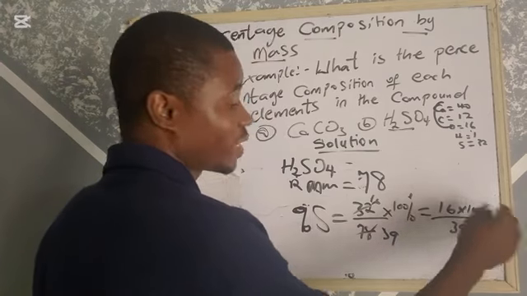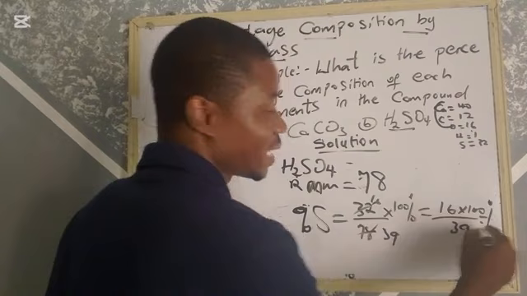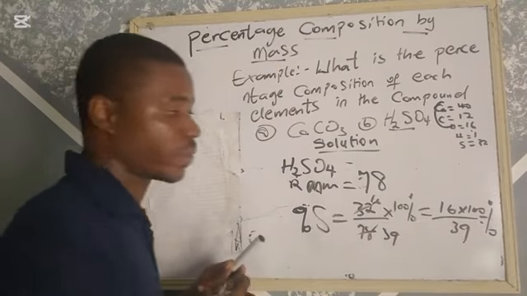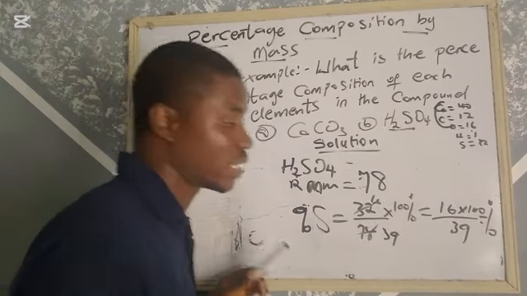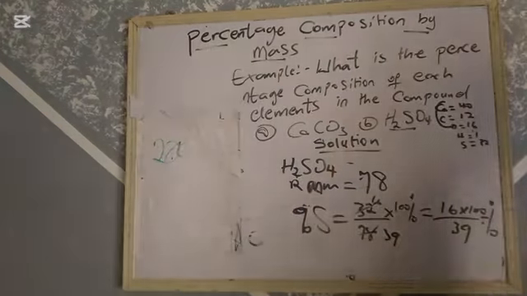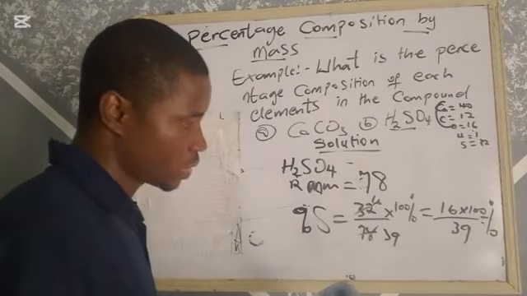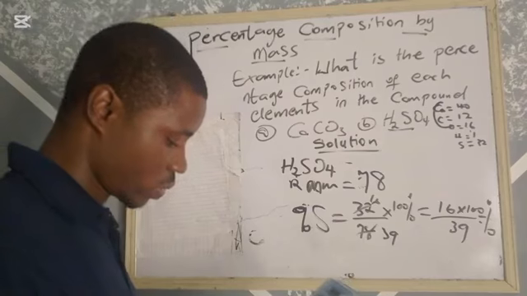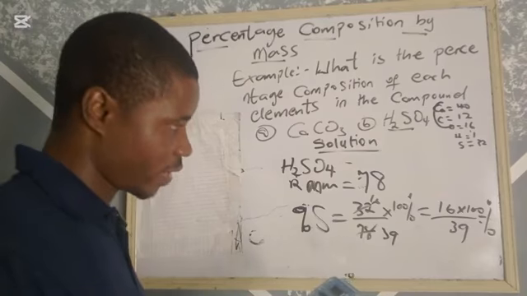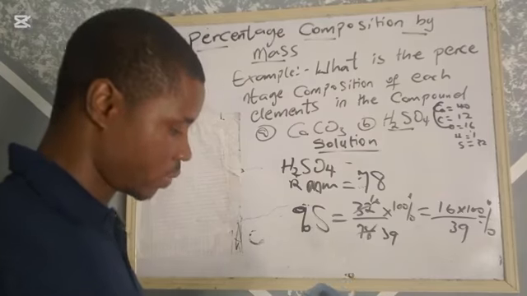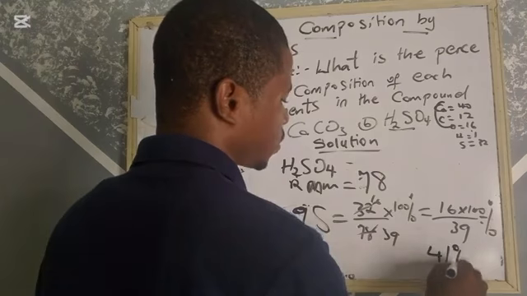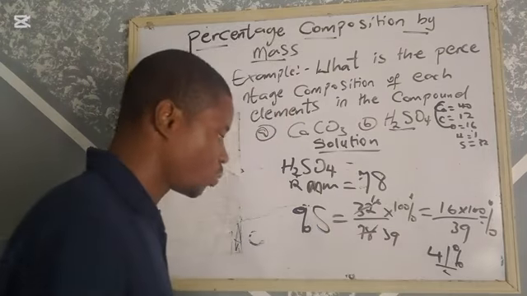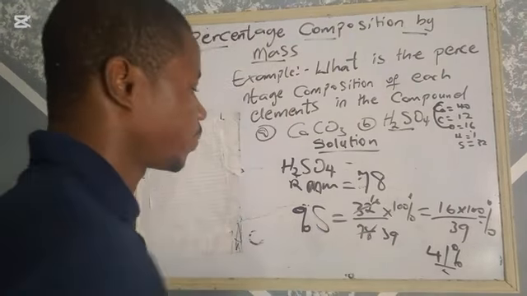If you press your calculator, whatever is your answer in percentage, that is the answer. You see, it's very simple. Let me just press my calculator here: 16 times 100 divided by 39 equals 41%. That is the percentage composition of sulfur.